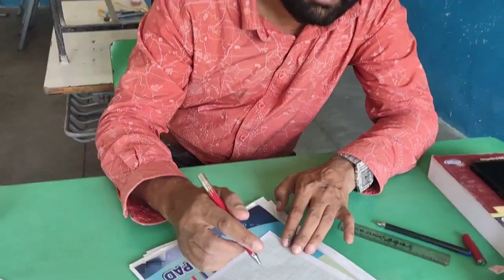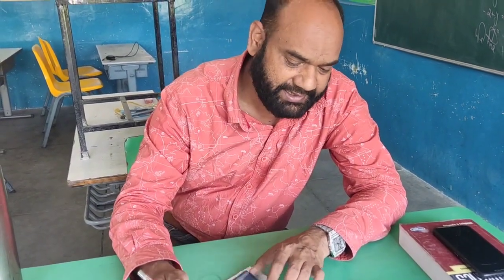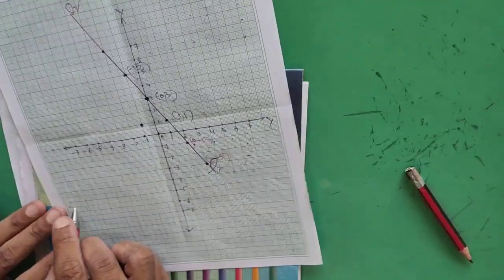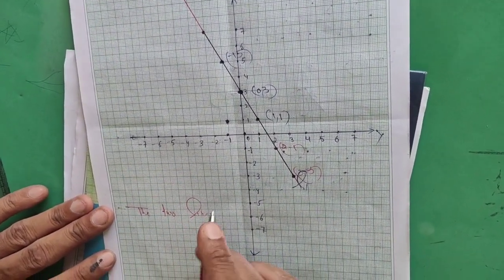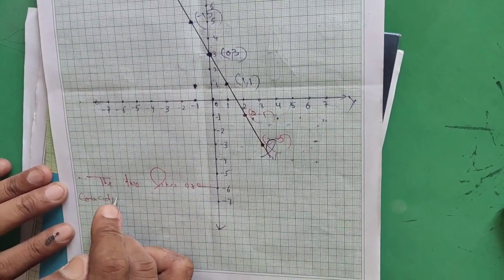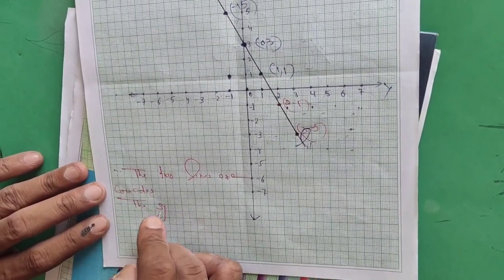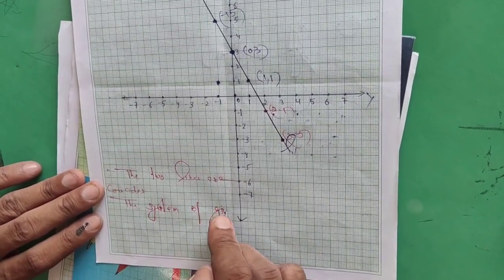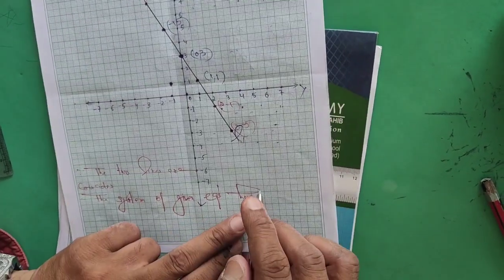So here the system of given equations has infinitely many solutions, and here we cannot find x and y because the two lines coincide, so the system of given equations has infinitely many solutions.